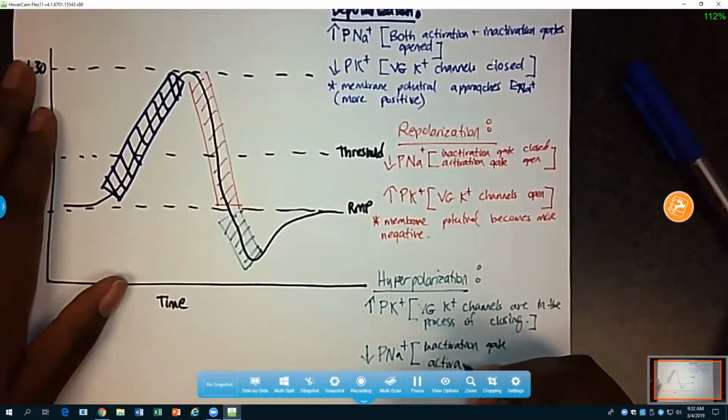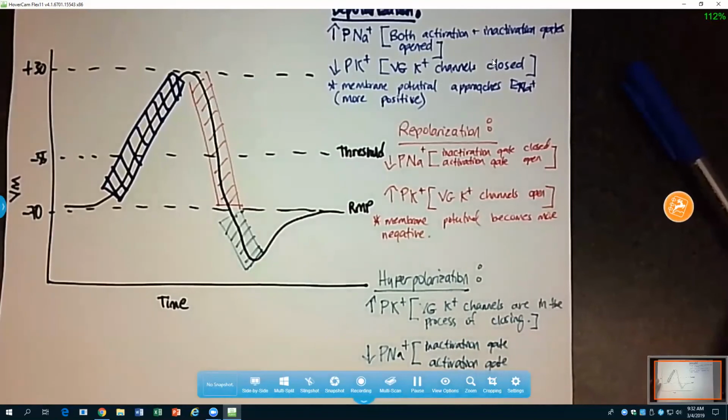Let's talk about the gates. Is the inactivation gate now closed or open? When we get back to rest, is it possible to fire another action potential here? Yes, it is.